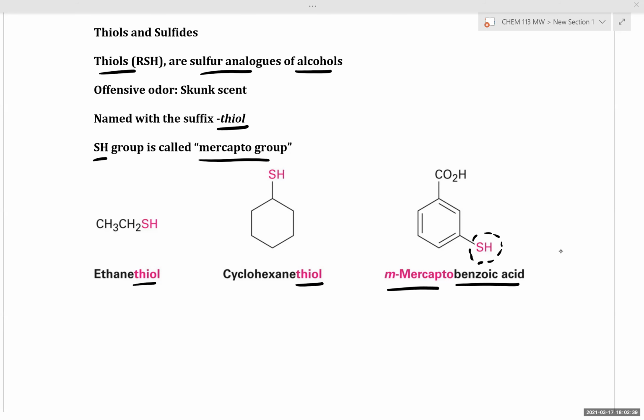So like methyl mercaptan is CH3SH. So as part of the IUPAC adoption, mercapto is a common prefix and naming convention associated with thiol functional groups.